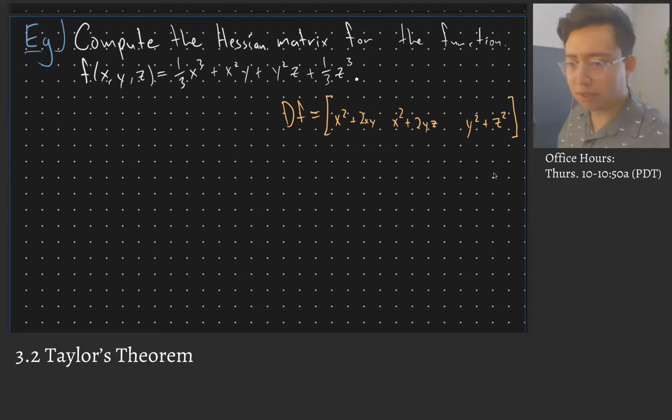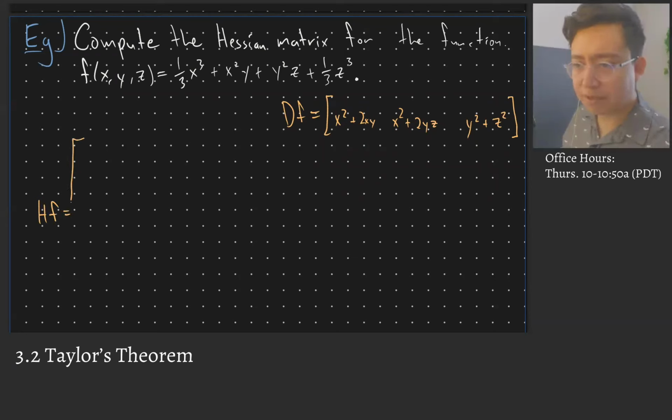So we have this Hessian matrix and we want to compute it. So we just computed the total derivative and now we want to compute the Hessian, which we can do here. So I'm going to give myself plenty of space. This is probably going to be too much space, but let's go ahead and start it.